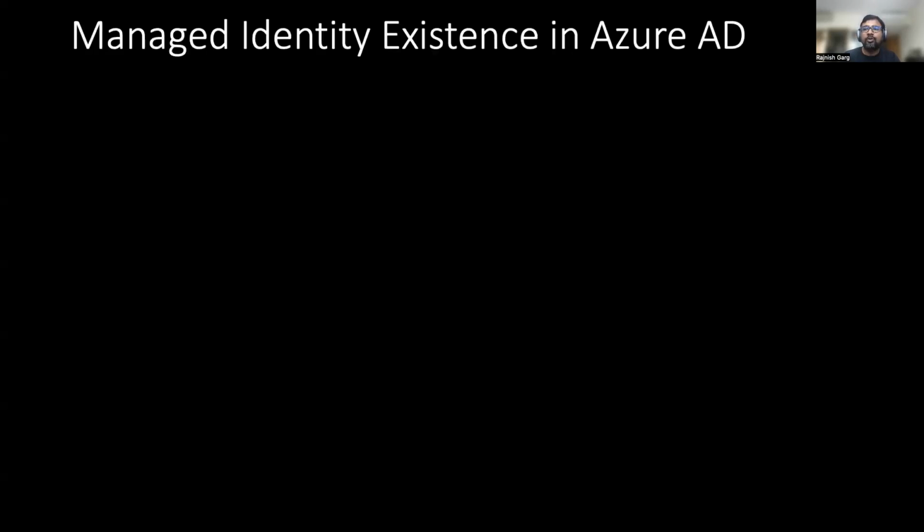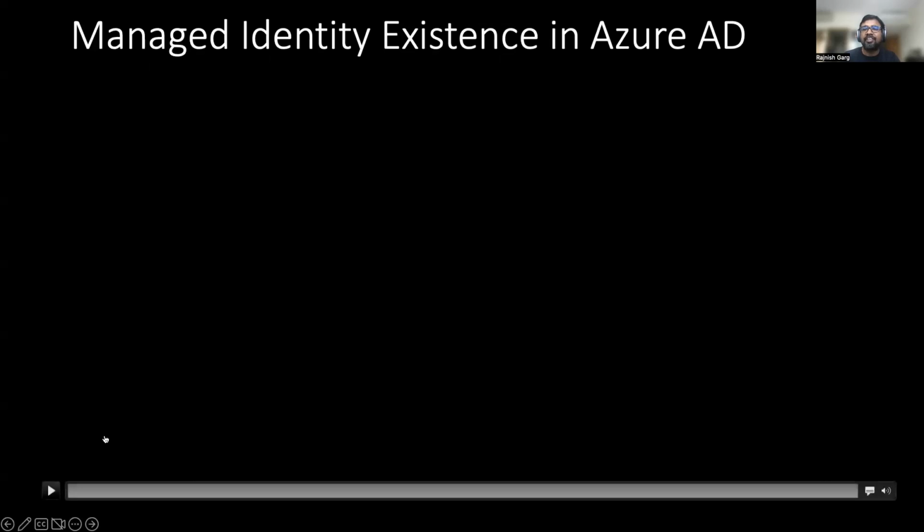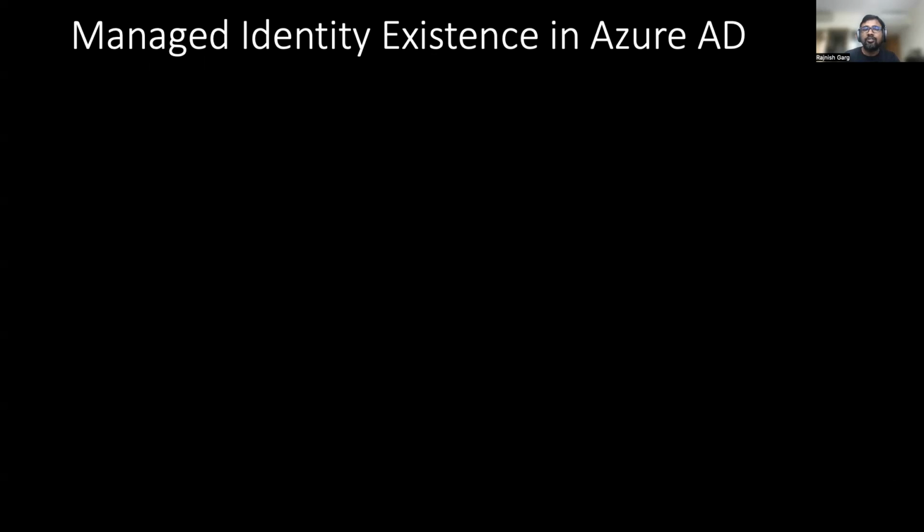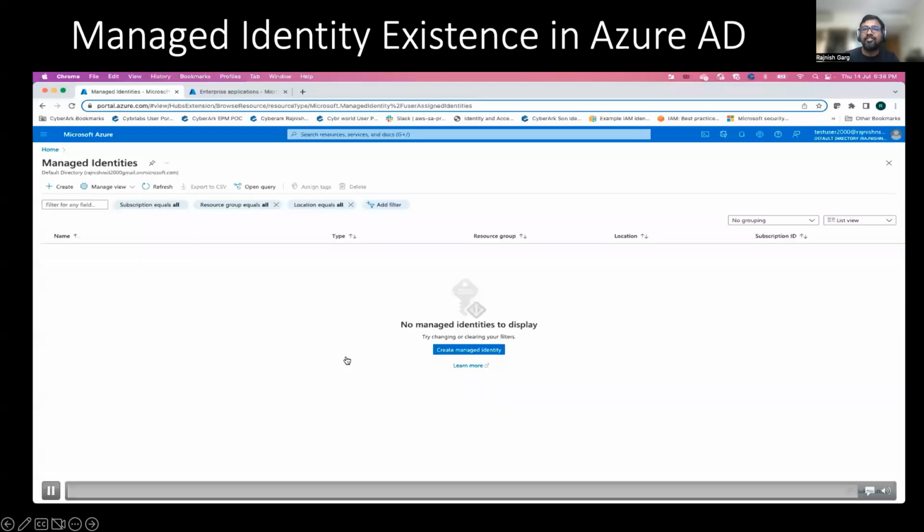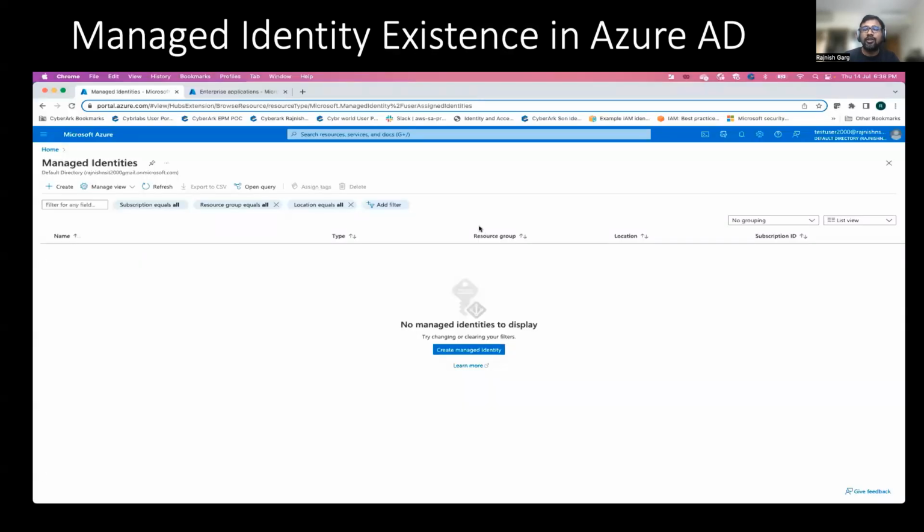Let's look at a brief demonstration of the managed identity, and you will see that whenever we create a managed identity, Microsoft will create a service principal behind the scenes. Here we are in the Microsoft Azure console, trying to create a managed identity.